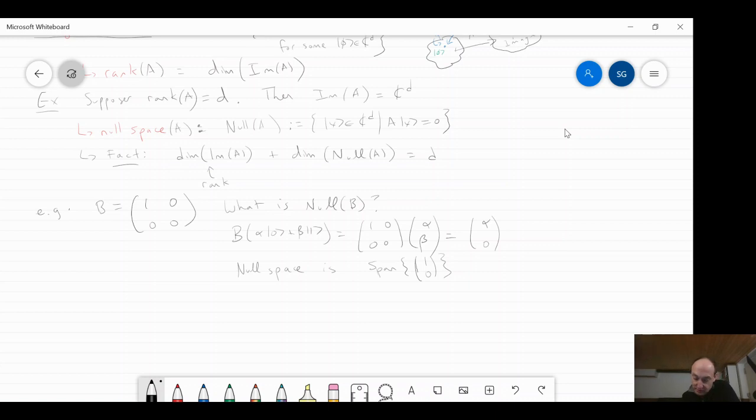Oh, sorry, did I want to do this the other way? Sorry, that's the image. All right, I'll get back to that in a second. So the null space is the span of everything of this form, right? Because the map kills off the second coordinate, so you'll always end up with a 0 vector. And so this guy over here is of course not the null space, it's the image.